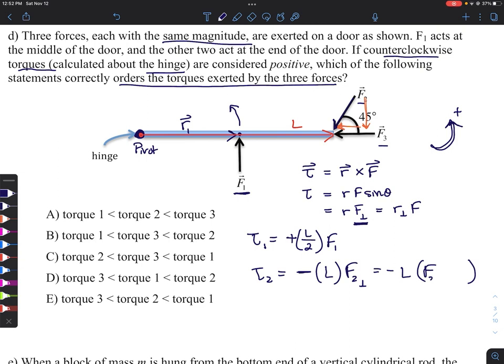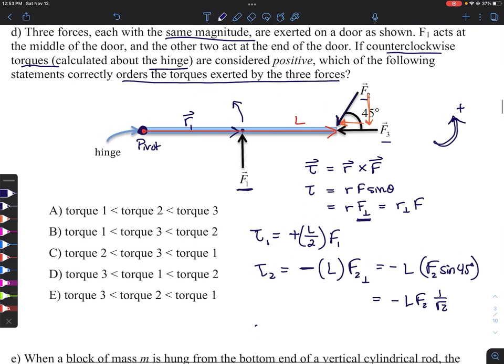So this should be F2 times the sine of 45 degrees, and that is minus L F2 times the sine of 45 degrees, which is 1 over root 2.